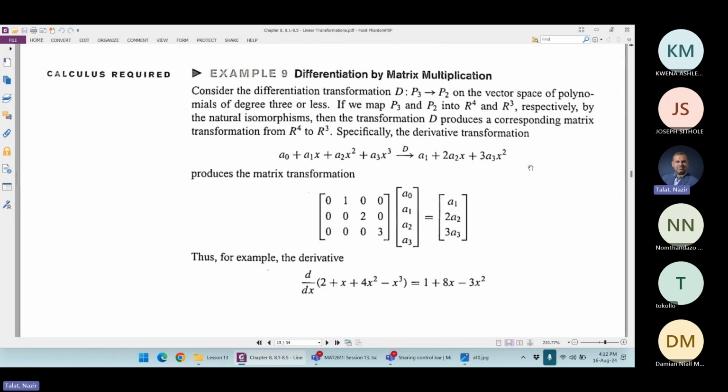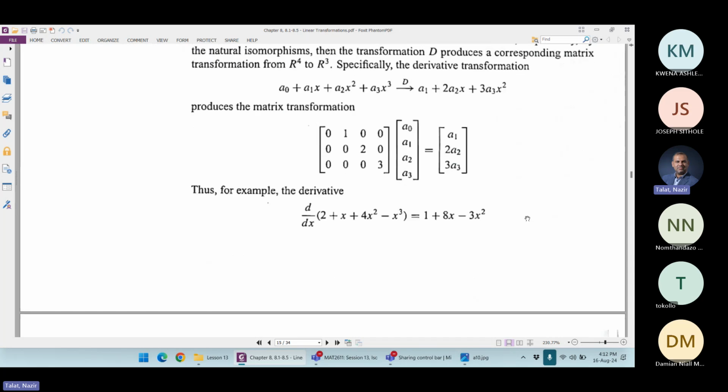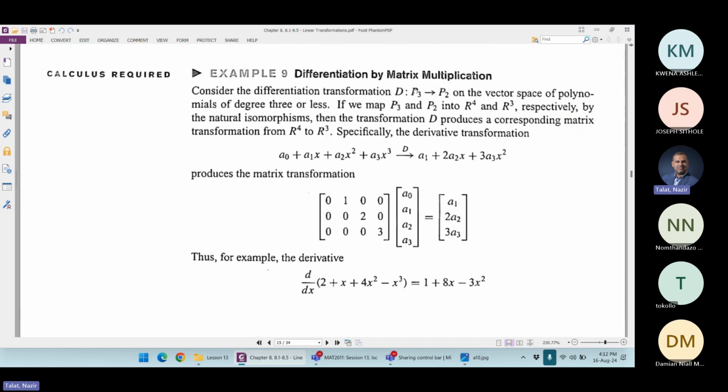Also, differentiation by matrix multiplication. Here, if we take the operator D from P3 to P2, which just takes the derivative of the given function, then the dimension of P2 is less than the dimension of P3, because the dimension of P2 is 3 and the dimension of P3 is 4.